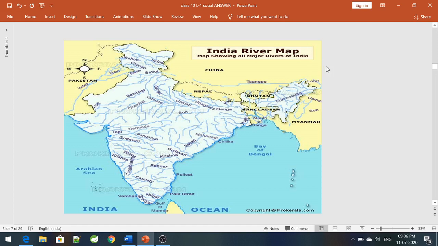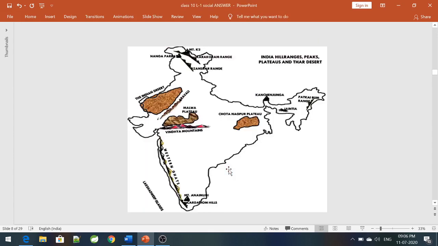We call it Tsangpo, and it takes a U-turn and flows into Arunachal Pradesh and all the states located here, which we call the Seven Sisters. They have different names of the river in different states, and it also flows into Bangladesh and then into the Bay of Bengal.